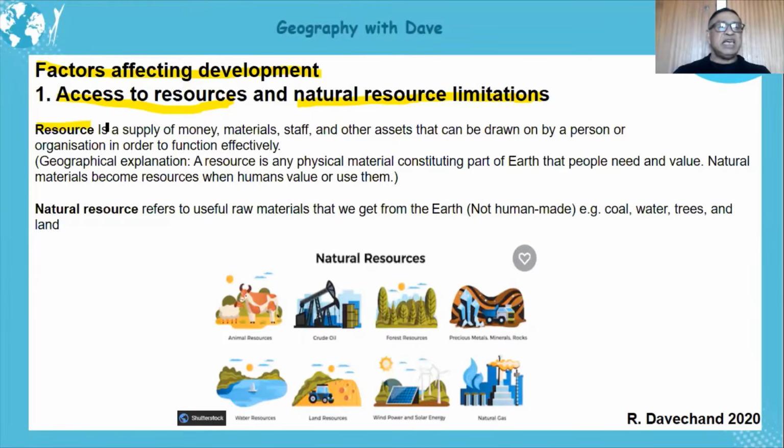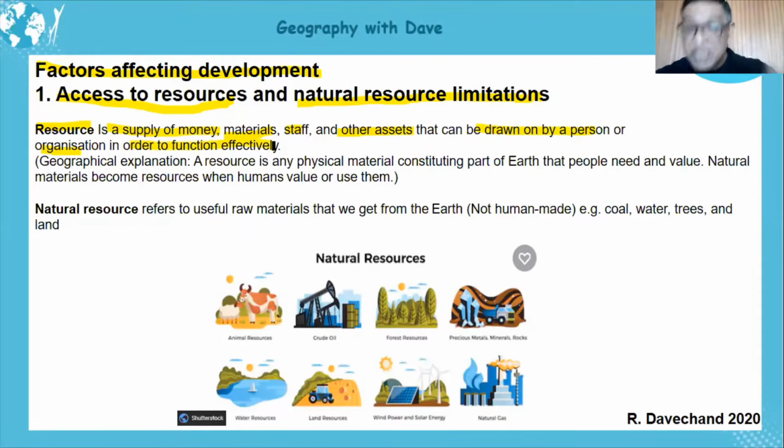A resource is a supply of money, cash, materials, raw materials, etc. that's needed, staff, that's the people, and other assets that can be drawn on by a person or organization in order to function effectively.